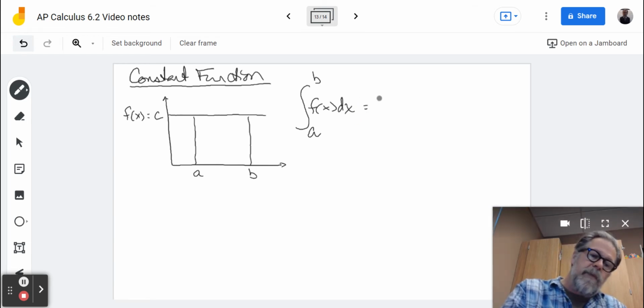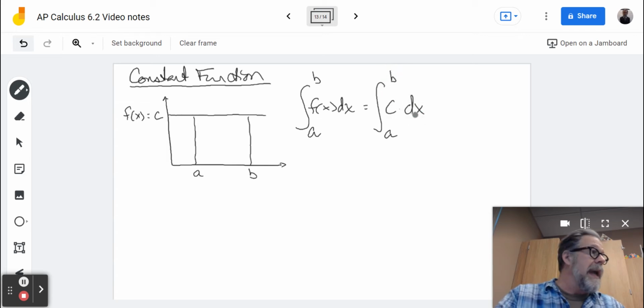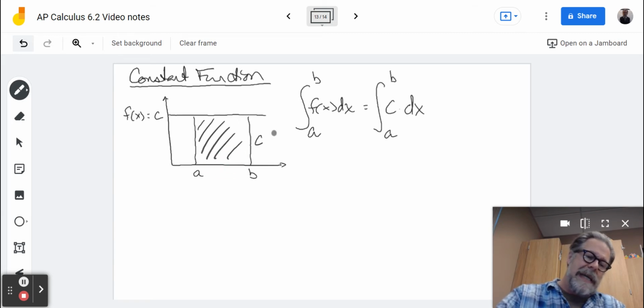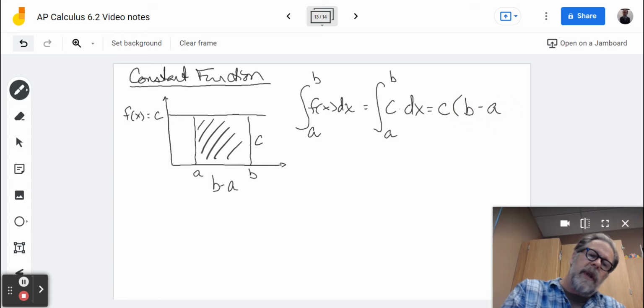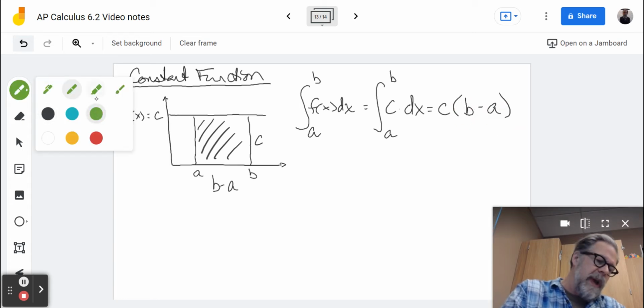So this becomes the integral from a to b of c dx. And looking at the graph, we can see that this has a height of c, and it has a width of b minus a.